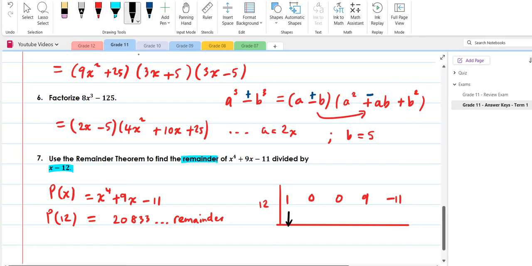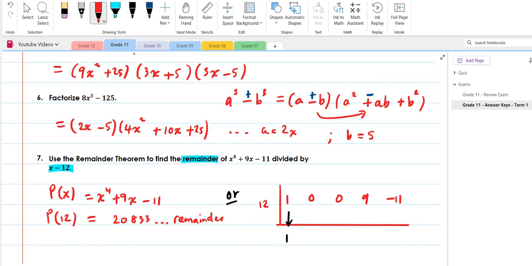We bring the 1 down. The advantage of doing synthetic division is that you get the quotient and the remainder as well. In this case, because they asked us for the remainder, we could just substitute this 12 inside the polynomial function and get the answer.